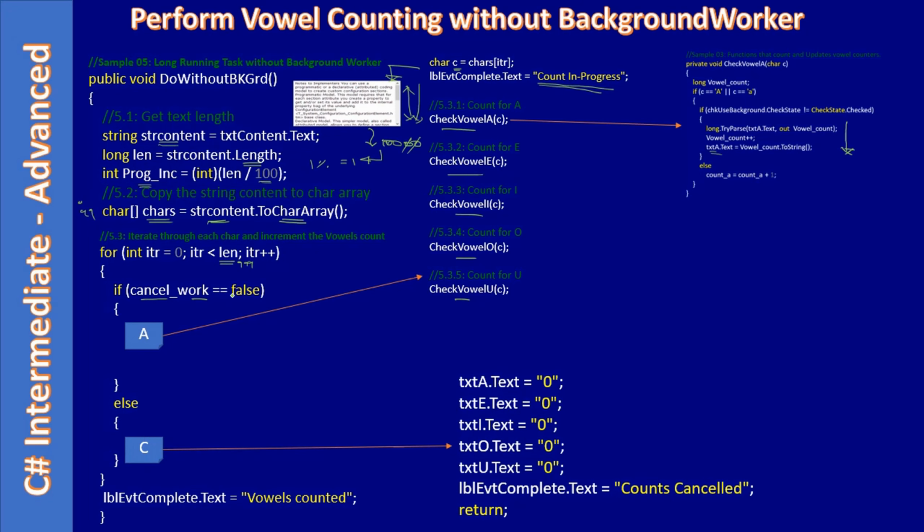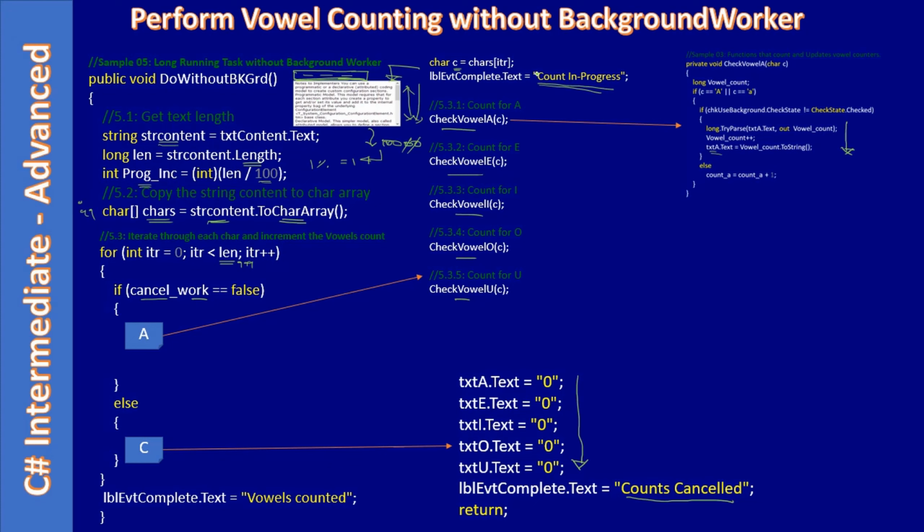And if cancel work is opted by the user, then we reset all our counters to 0, and we will update the text LBL EVT complete. This will be just above this multi-line text box. The label is invisible because we set auto size to true, so that's why you may not be able to see it in the previous screenshot.